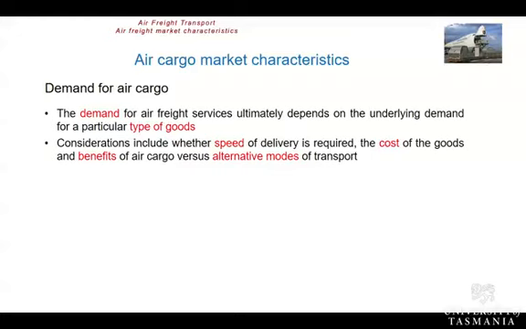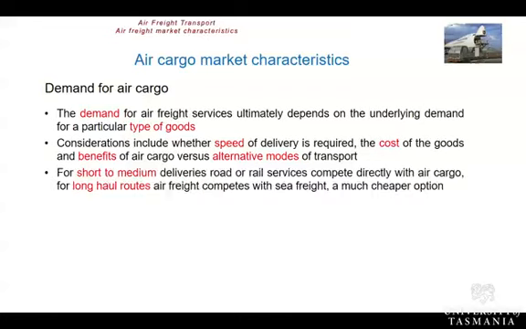So assignment 1 was very much about some of those decisions that businesses have to make in regards to their determination of whether it should be air cargo, whether it should be truck cargo, sea cargo or rail cargo. And much of this is based around a competition between air cargo and the other modes.